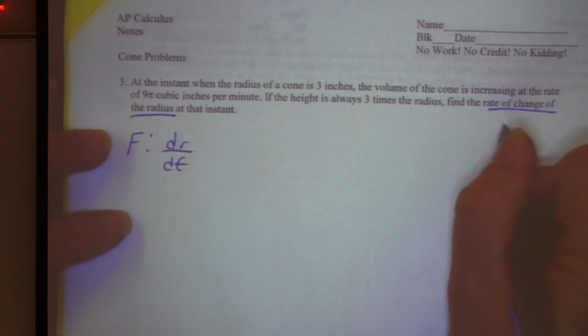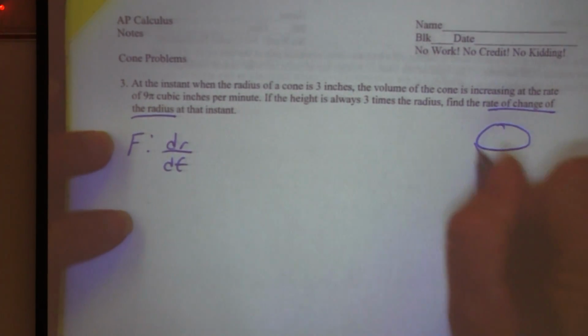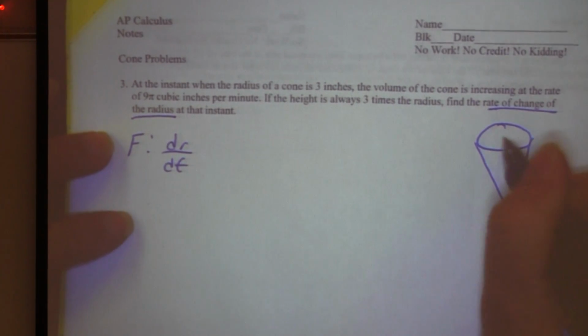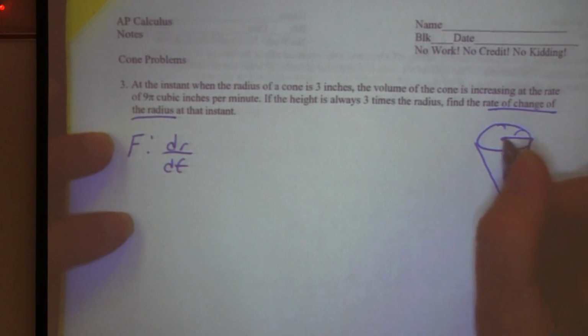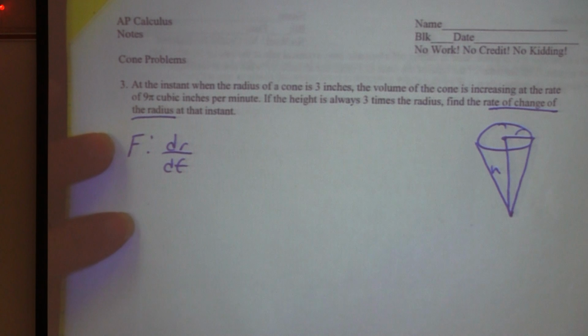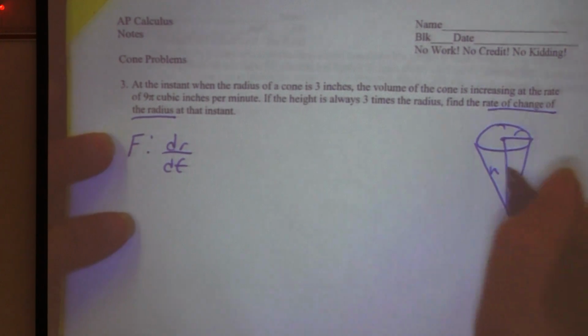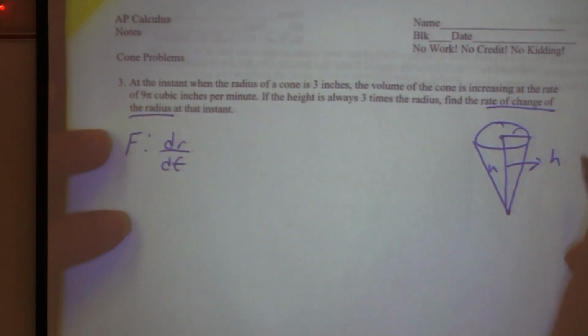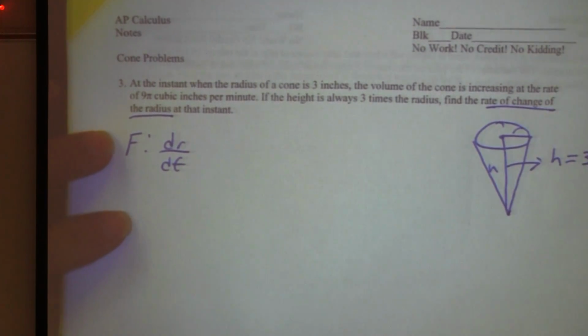And what shape are we talking about? A cone. That cone has a radius and it also has a height. What did they tell us about the height? It's always 3 times the radius. They already told us that, right?